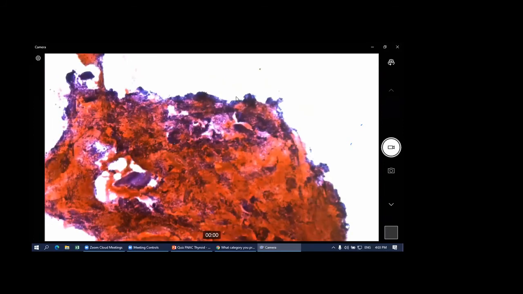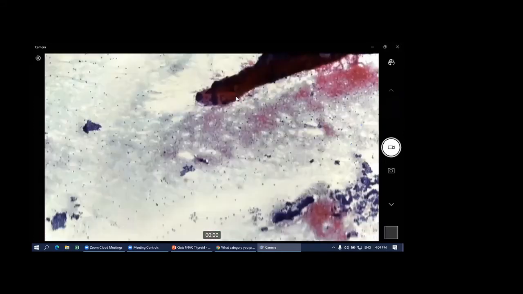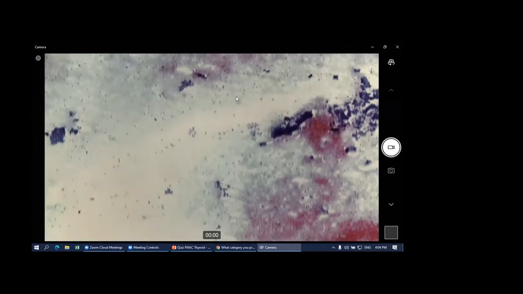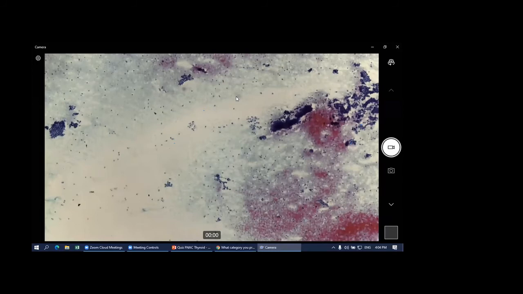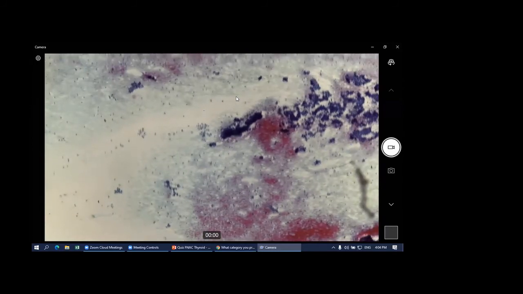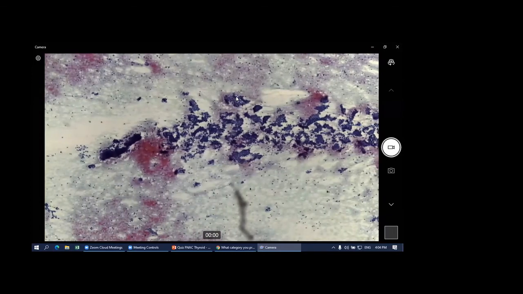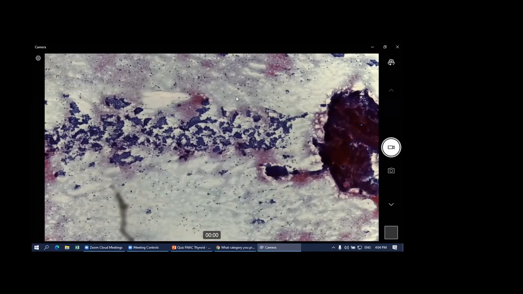Can you see, Rizal? Not focused. Okay, let me find an area that is clearer. Can you see? There's not much of a colloid. Don't move. Okay, wait. But it is quite cellular. Rizal, stop. Oh God.